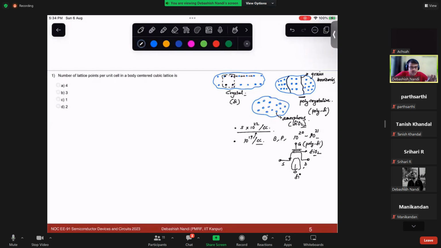We are mainly concerned with 3 special kinds of structures: simple cubic, face centered cubic, and body centered cubic.